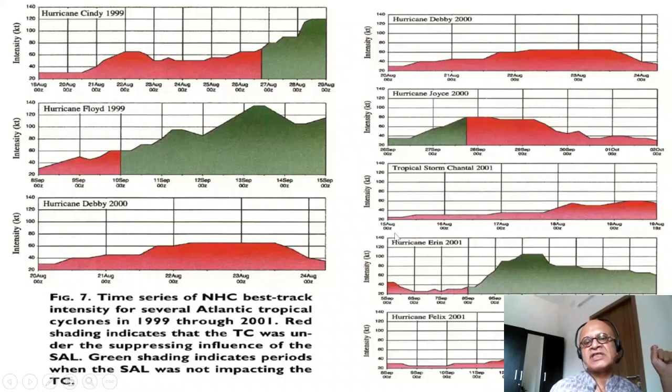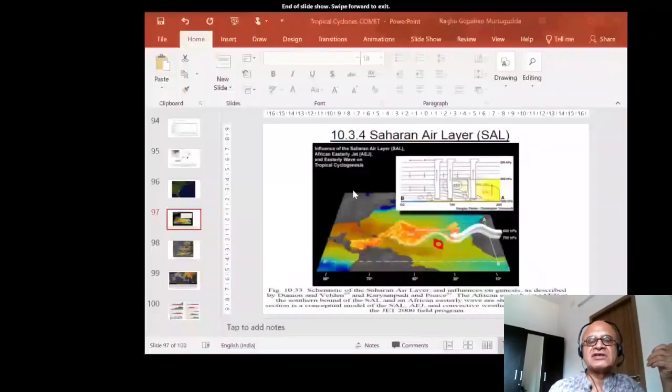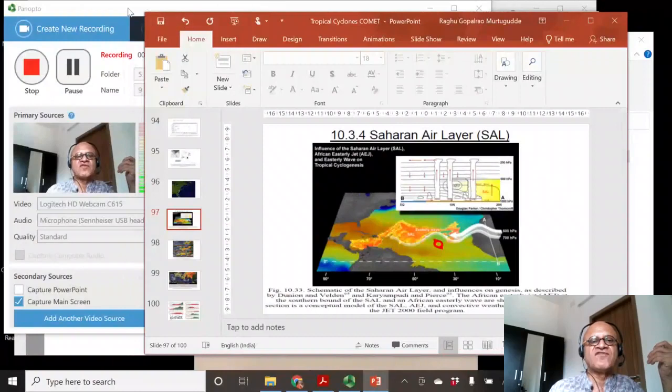So this gives you a good sense that models which do not have SAL or accurate SAL, for example, tend to overestimate the evolution of tropical disturbances into tropical storms and cyclones. So when we are making predictions, if you do not include the suppressing effects of SAL, then you may systematically over predict the evolution of intense storms, which obviously has to be avoided.